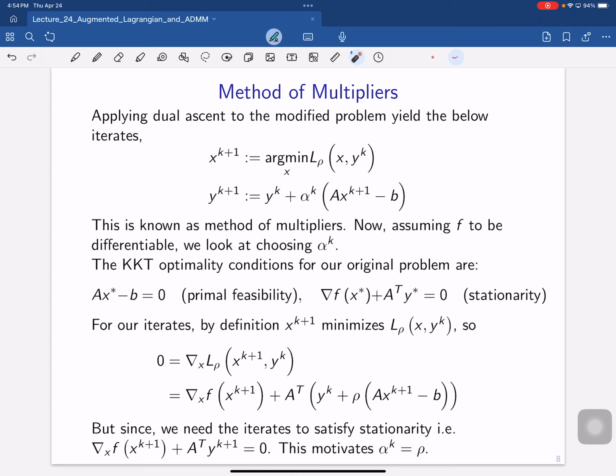Now, why should we set y k plus 1 to be this term? The reason is that if you set y k plus 1 equal to this term, the x k plus 1 and y k plus 1 happen to satisfy the stationarity condition.